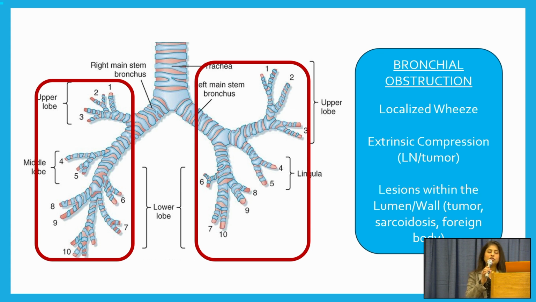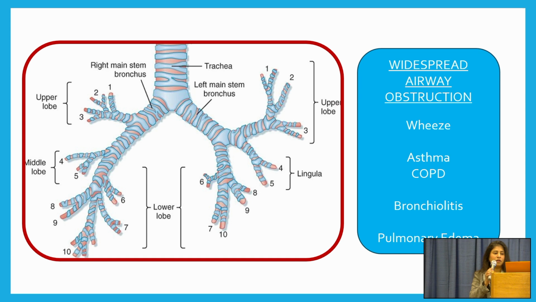This is, again, extrinsic compression from lymph nodes surrounding the bronchi, or tumor, or lesions within the wall, such as foreign bodies or tumors. And then widespread airway obstruction, this is your classic diffuse wheezing that you're hearing, and this is going to be asthma, COPD, bronchiolitis, pulmonary edema, and a couple more that we're going to deep dive into.